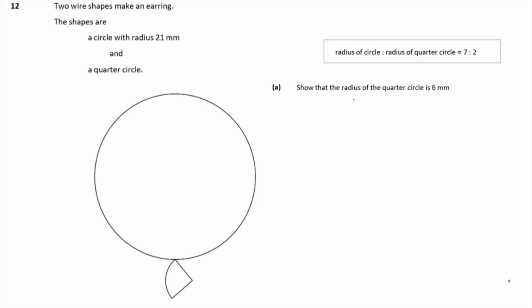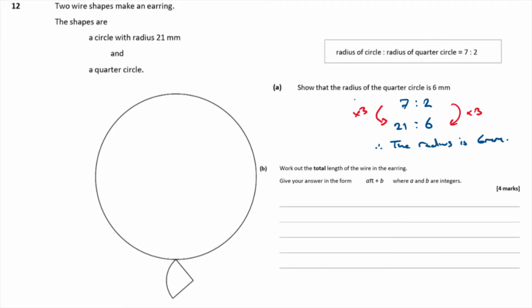So if these are in the ratio of 7 to 2, and I change 7 to 21, I'm multiplying through by 3, aren't I? Okay, so if I do the same thing to this side, then that's going to give me 6. Therefore, the radius is 6 millimeters. Okay.